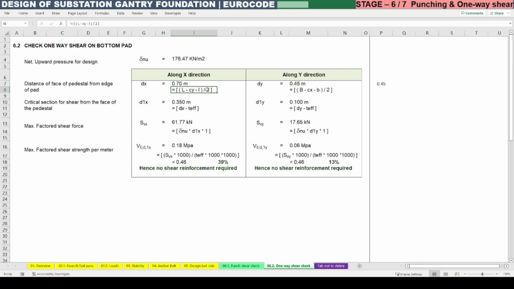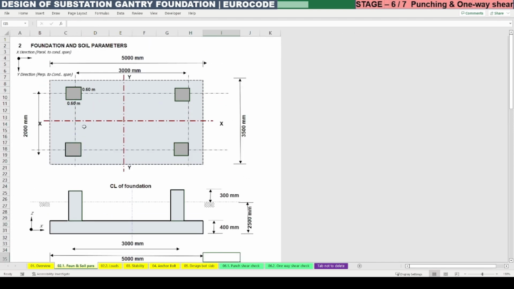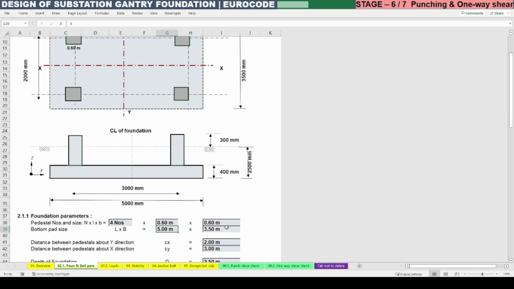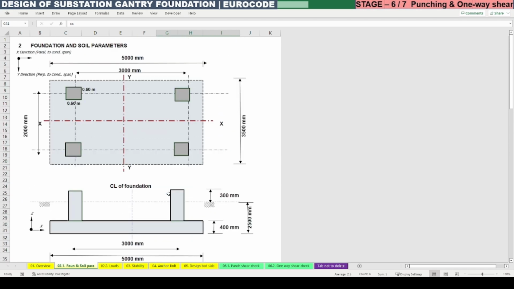The same equation is applied here. So L is the overall length of the bottom raft, minus cy, divided by 2. Here you can see in the foundation and soil parameters, L by B is 5 by 3.5, and cy is the center to center distance of the pedestals which is 3 meter, and cx is 2 meter.